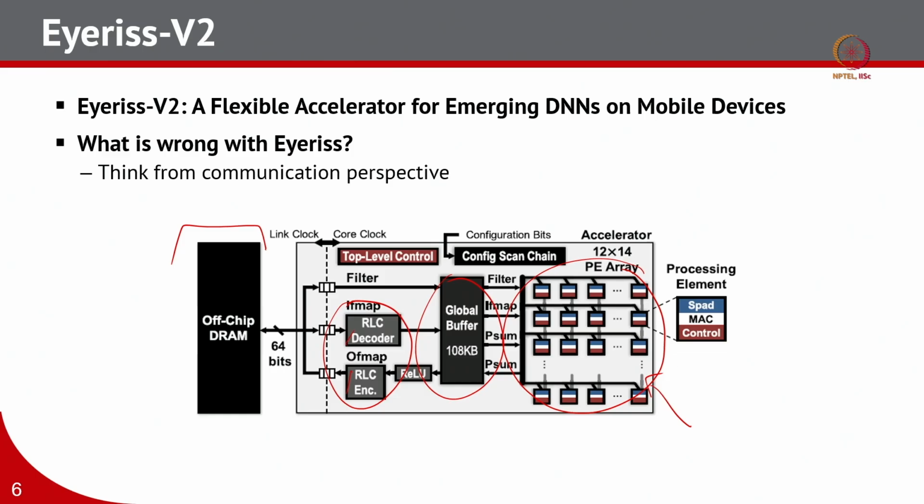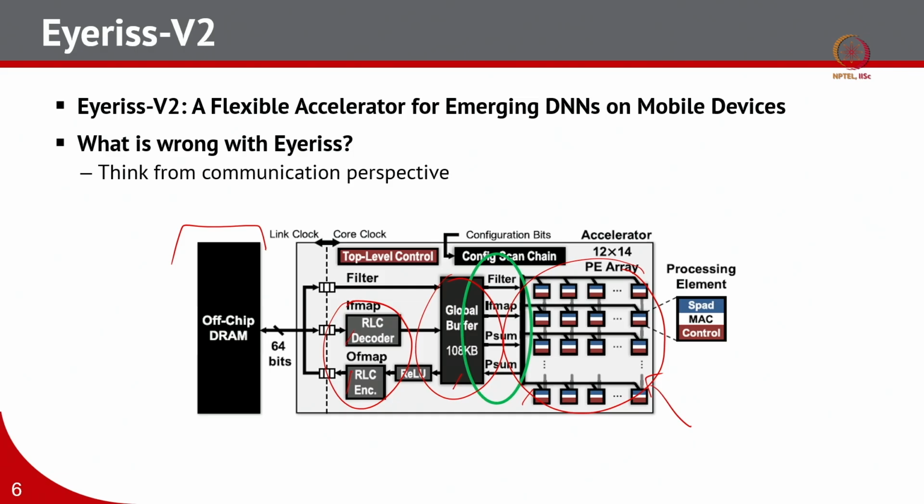But then what's wrong with Eyeriss? Let's think from a communication perspective. Of course Eyeriss has a good data flow, and it has a specific encoder and decoder structure to combat sparsity in the data. But if you look closely, the global buffer and the PE array have a lot of communication in between.